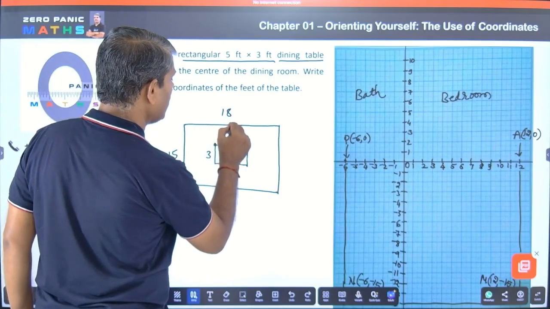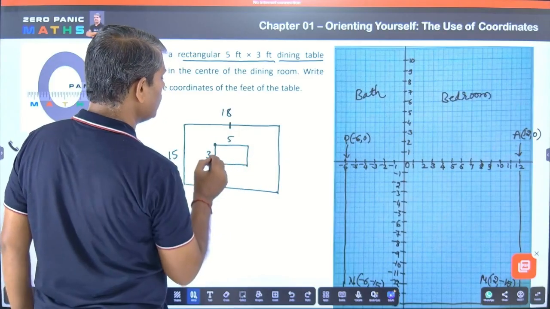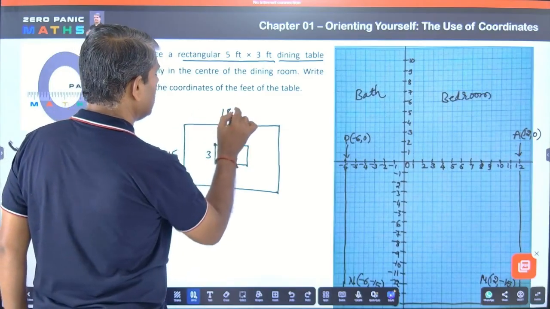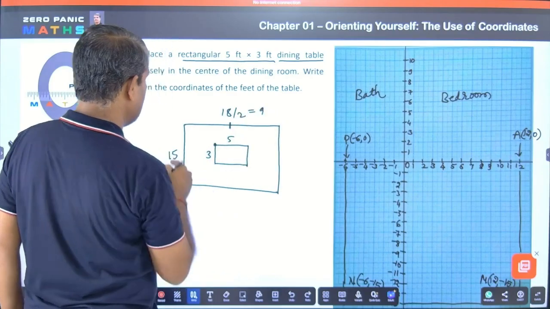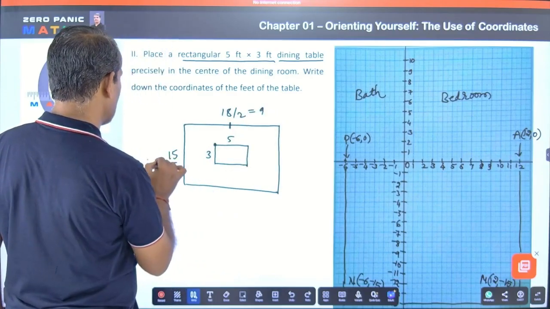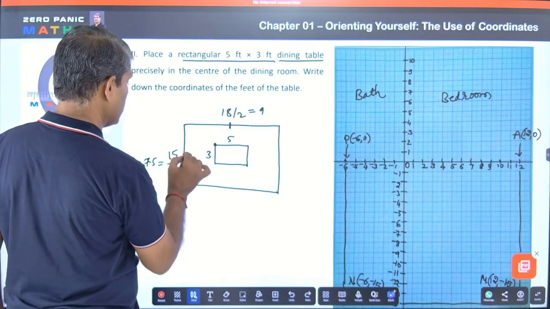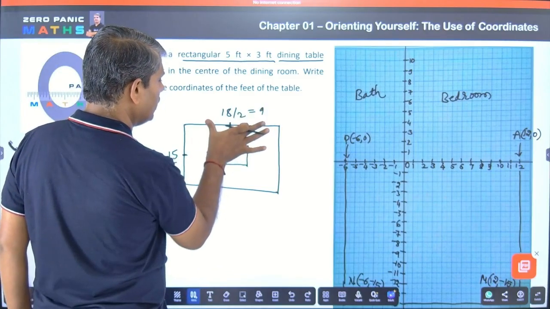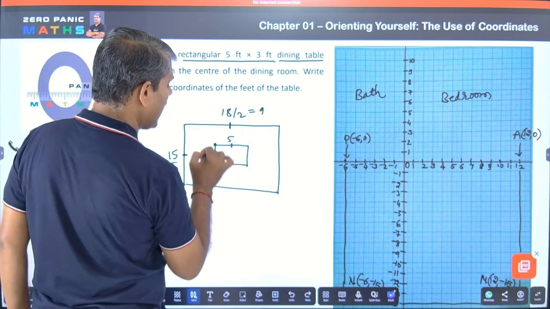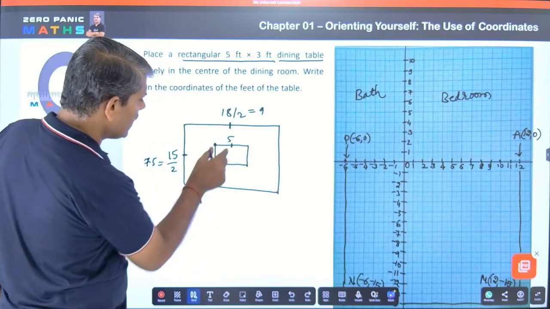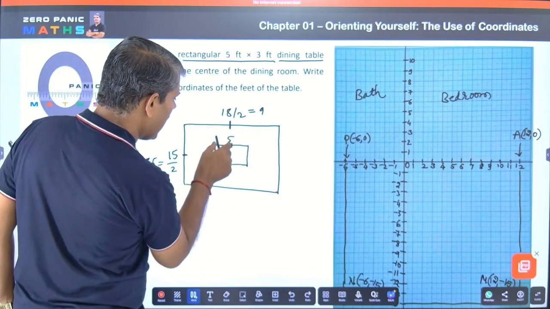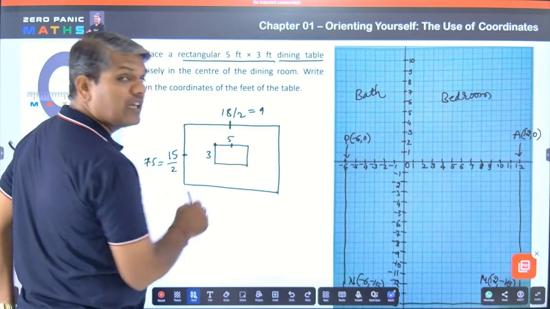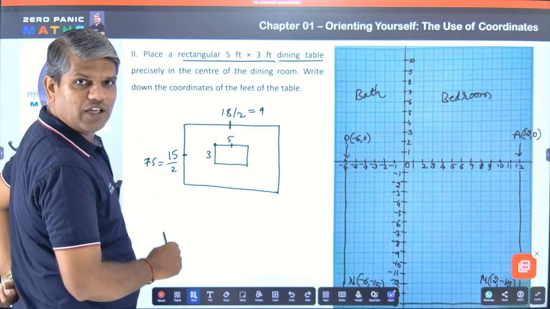Take half of the width of this room, that will be 9, and half of this, which is 7.5. Then from that half of the outer object, subtract half of the inner object, so the half of the inner object is placed exactly here. Then only it will come precisely in the center of the outer object.